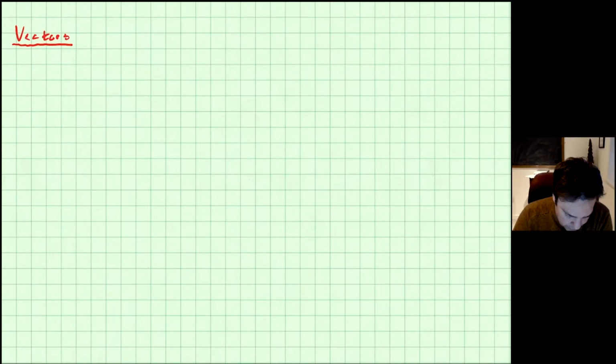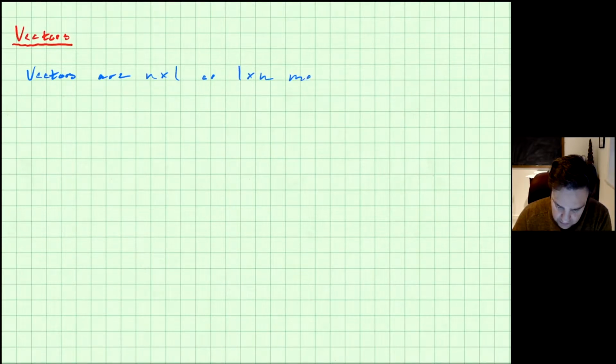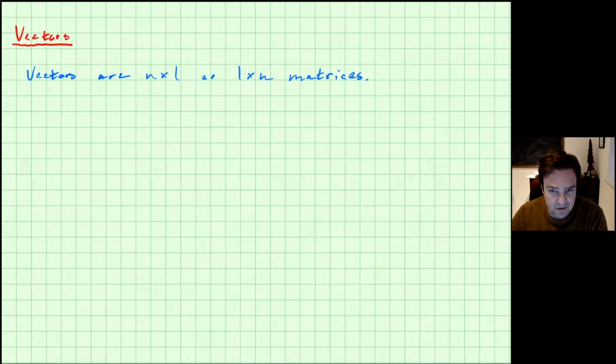So for us, we'll say vectors are n by 1 or 1 by n matrices. That's a pretty crude definition. Mathematicians might object. There are more sophisticated ways to define vectors in such a way that much more exotic objects than you might have thought of before can be considered vectors. But this will work for us.